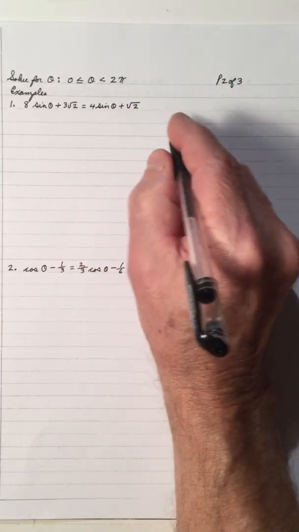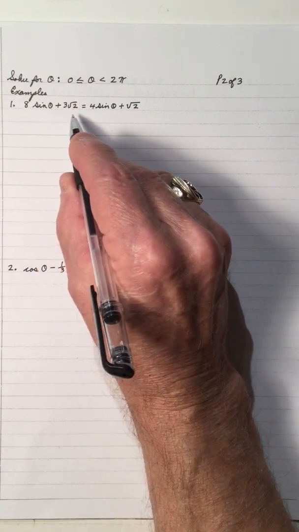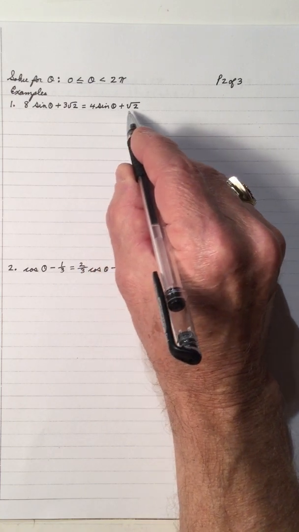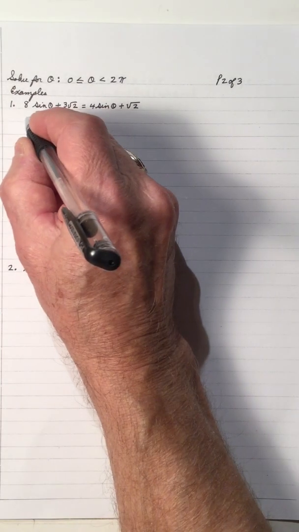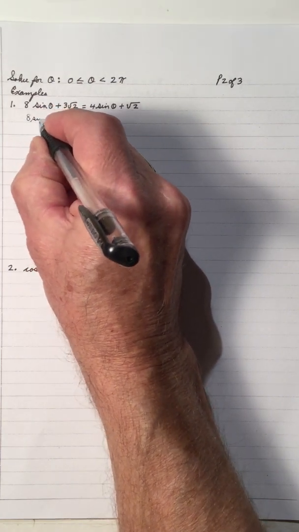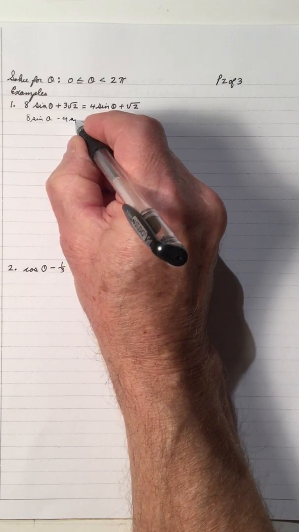Here we go. Number 1, 8 sine theta plus 3 root 2 equals 4 sine theta plus root 2. We have to solve for sine or cos, so we'll move the sine theta to the left side.